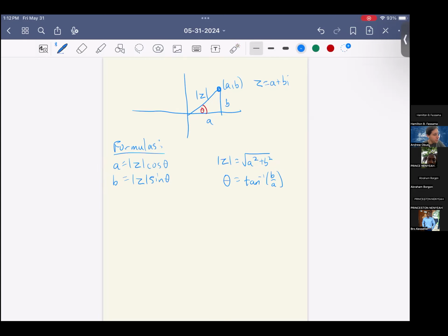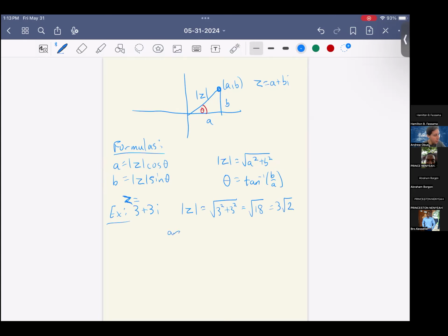So for example, let's say that I had 3 plus 3i. If Z is equal to 3 plus 3i, then the absolute value of Z is the square root of 3 squared plus 3 squared, which is the square root of 18, which is 3 times the square root of 2.